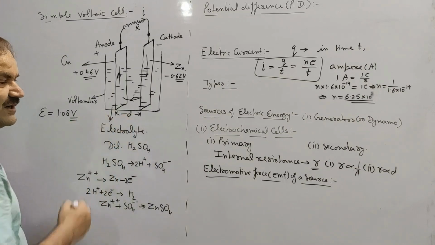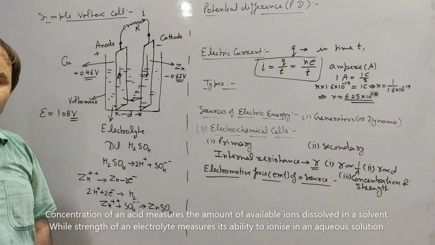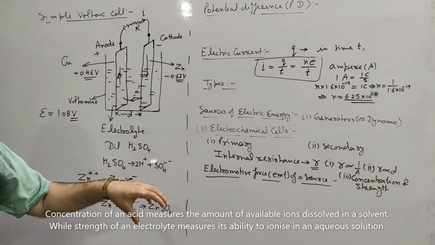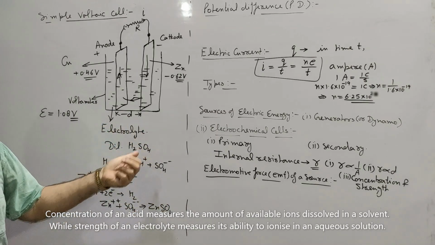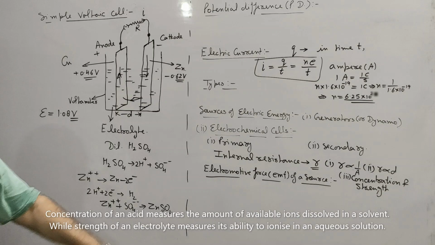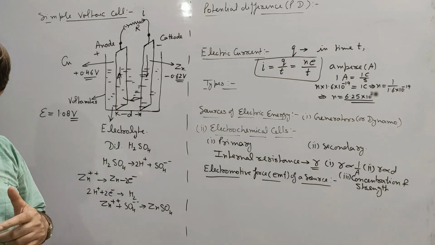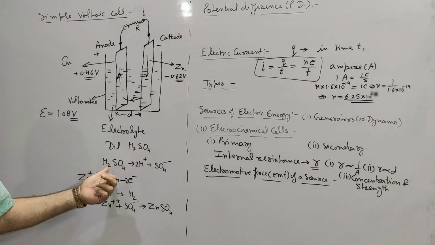Next is concentration and strength of electrolyte. Concentration means how much solid electrolyte is added to the solvent for making the solution of electrolyte. And strength means how many positive or negative ions per unit volume are provided by our electrolyte.